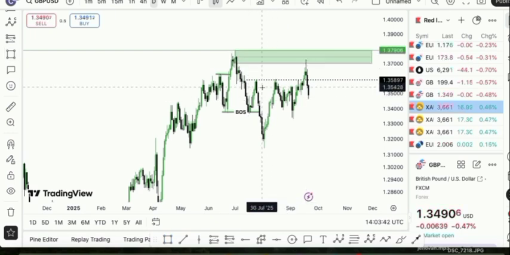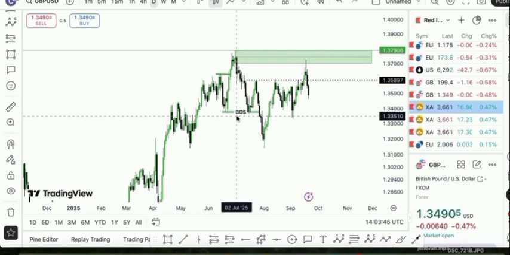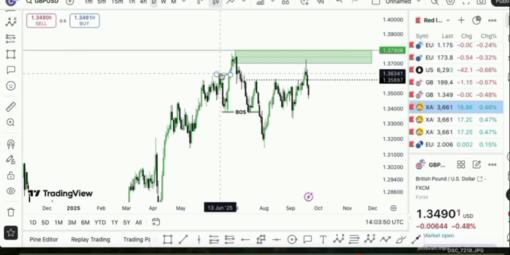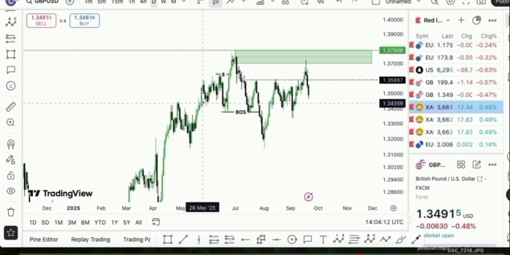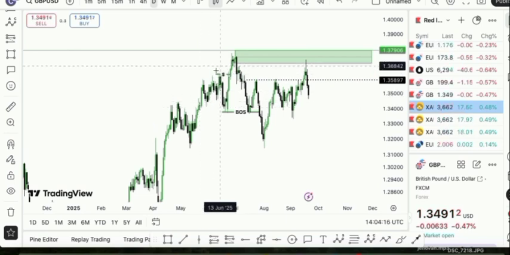So a break of structure, first of all. Before that, you must identify a sweep, which happened here. This is a sweep. This is an external liquidity. So you identify the sweep, then a break of structure, then I'm ready to do business.